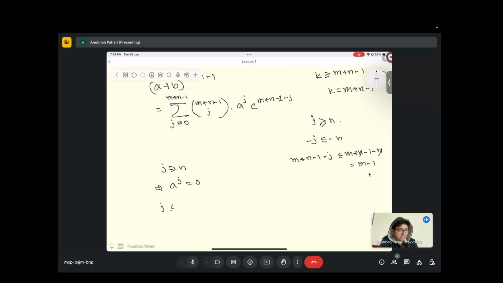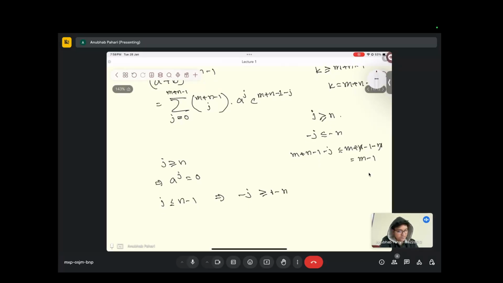But when j is less than n minus 1, you will see that in a similar way minus j would be greater than 1 minus n, and again m plus n minus 1 minus j should be greater than m plus n minus 1 plus 1 minus 1 minus n, greater than or equal to m.